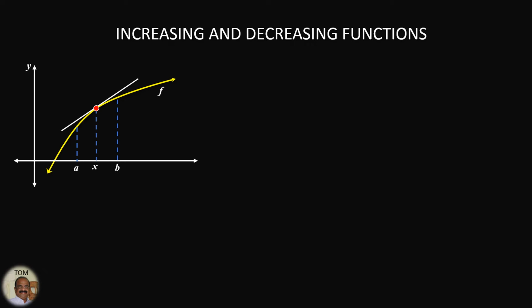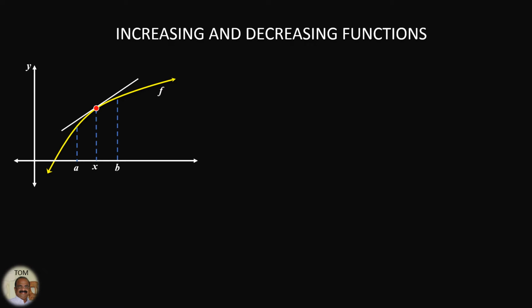What is the gradient of that tangent? Is it positive or negative? We can see that it is sloping to the right. We learned in analytical geometry the gradient of that straight line will be positive.